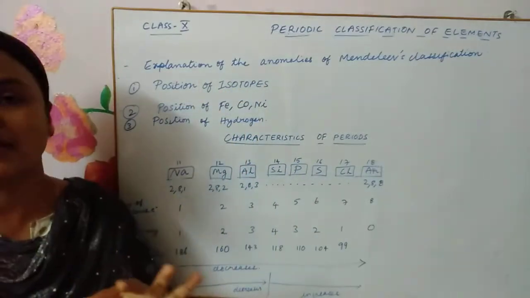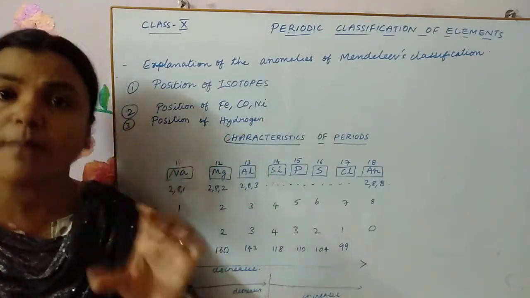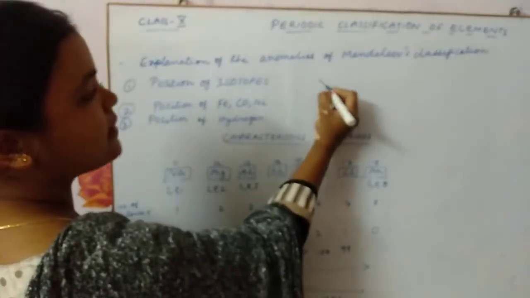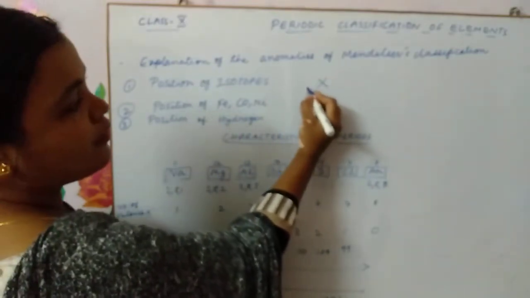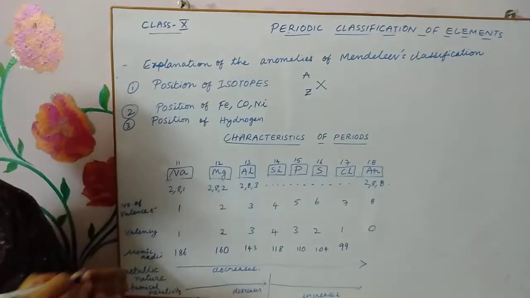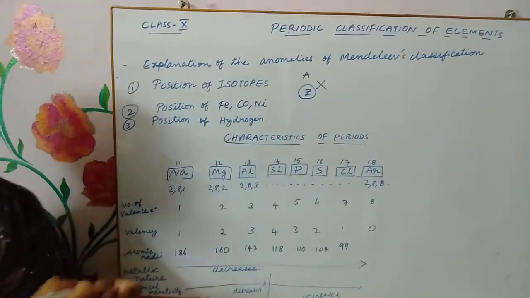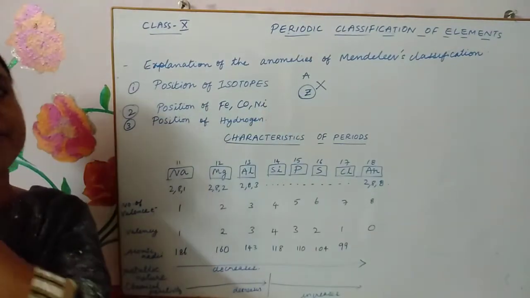These are the elements which have the same atomic number but different mass number. As you know, any element is represented like this. Here we have the atomic number written and on top we write the mass number. So all those elements which have the same atomic number but different mass numbers are called isotopes.